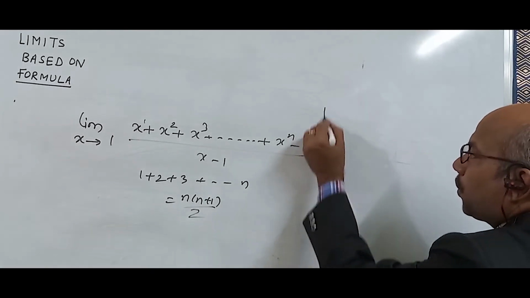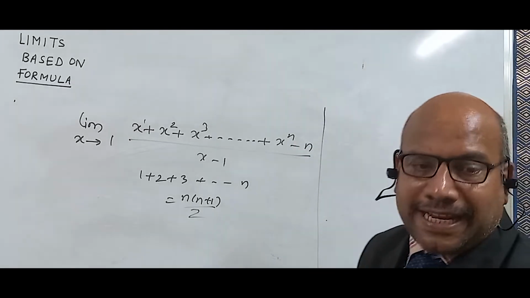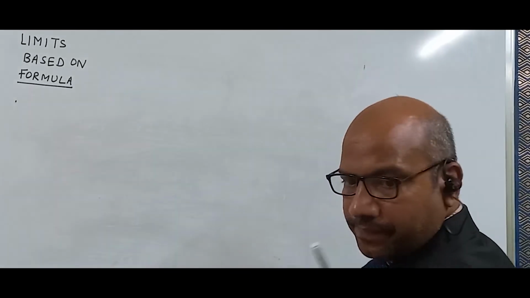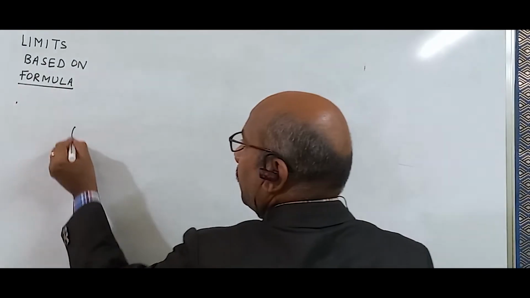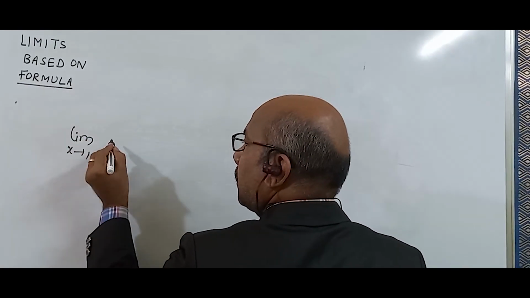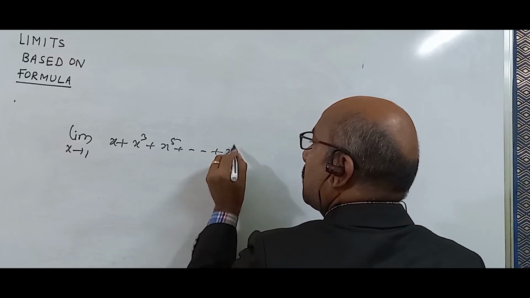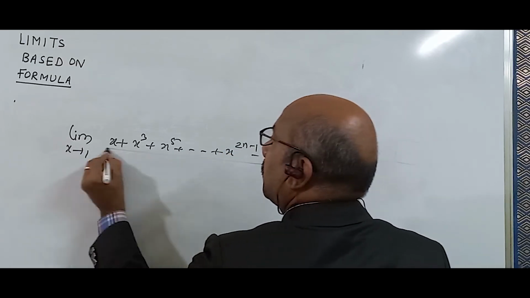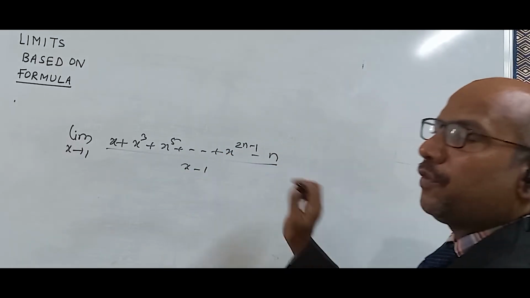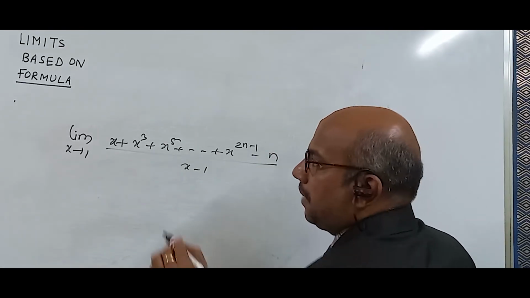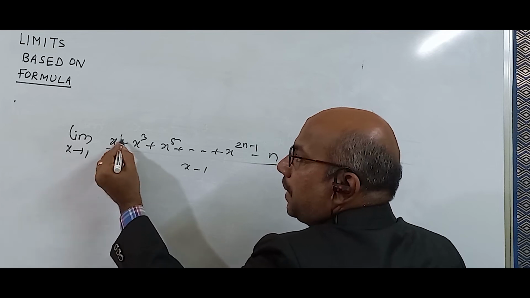Now, there is one more sum in your textbook. This type of sum. Again, if you differentiate, it will take a long time. But now you know the concept. This is becoming 1.